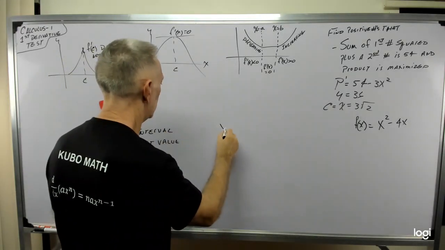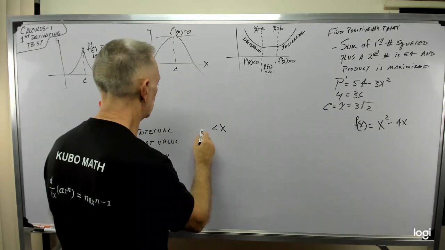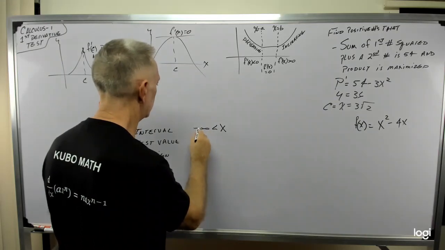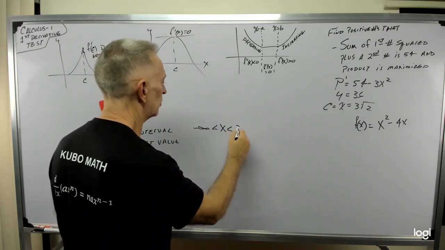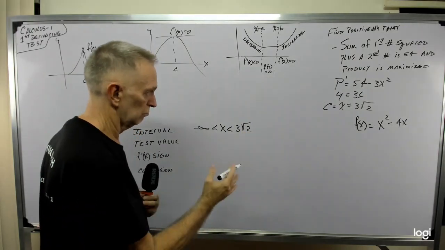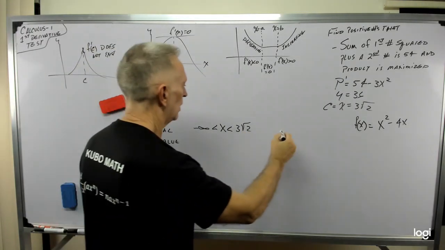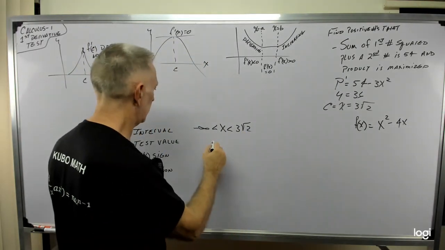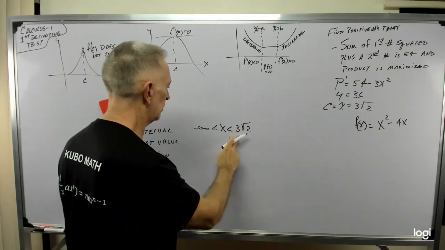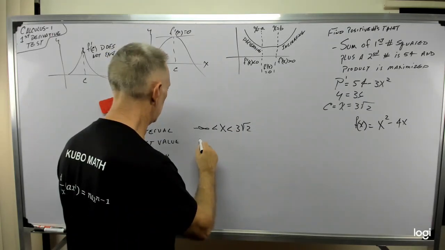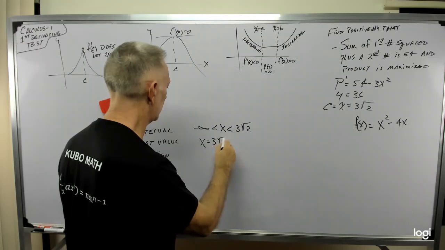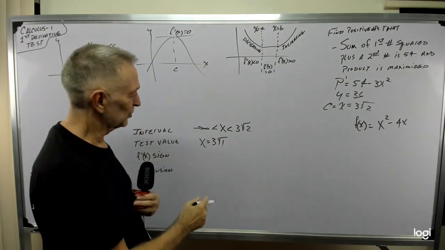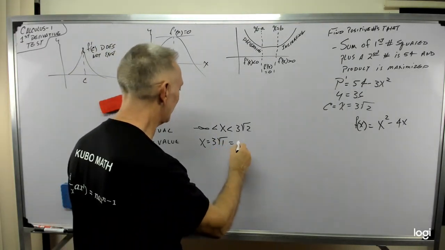So x is greater than minus infinity but less than 3 square root of 2. And for the test value, if it's a little bit less than 3 square root of 2, let's say x equals 3 square root of 1. Square root of 1 is 1. Well, okay, x equals 3.